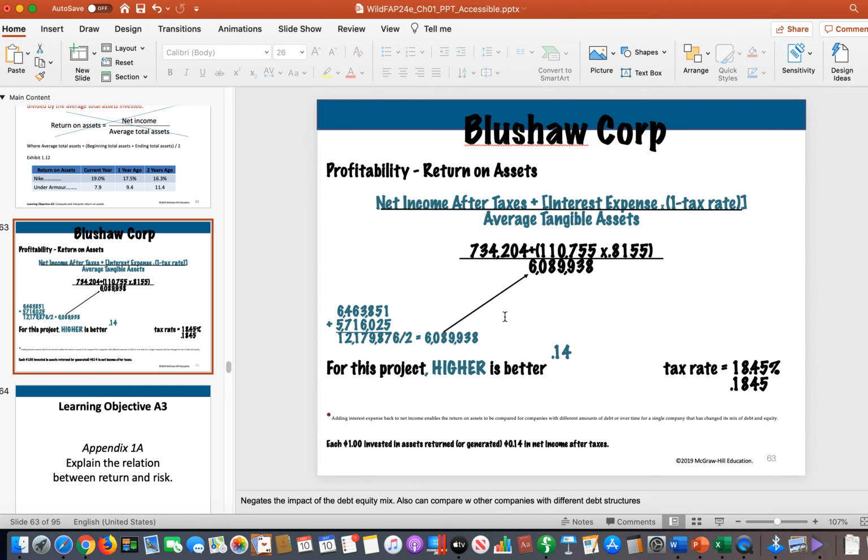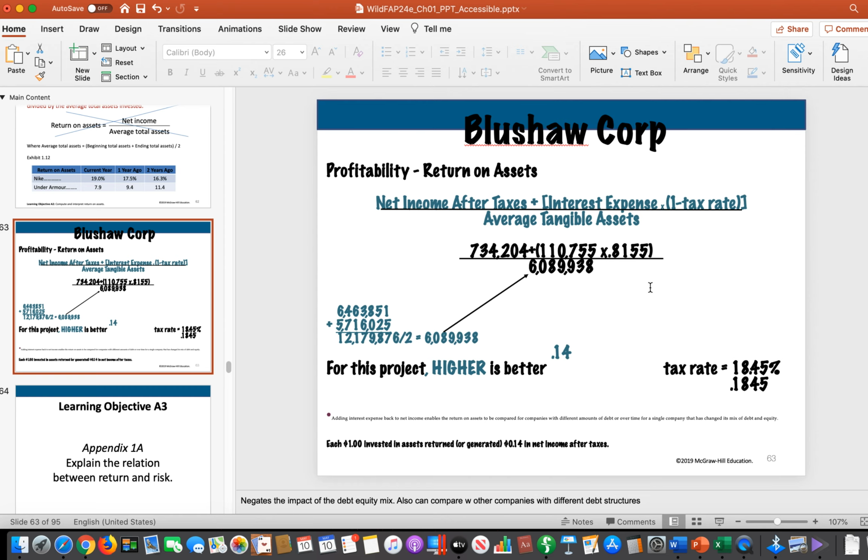So, let me explain this. This imaginary company called Blueshaw had net income after taxes of $734,204. Then we're going to add to that its interest expense. It paid interest of $110,755. The tax rate was, as you see here, 0.1845.